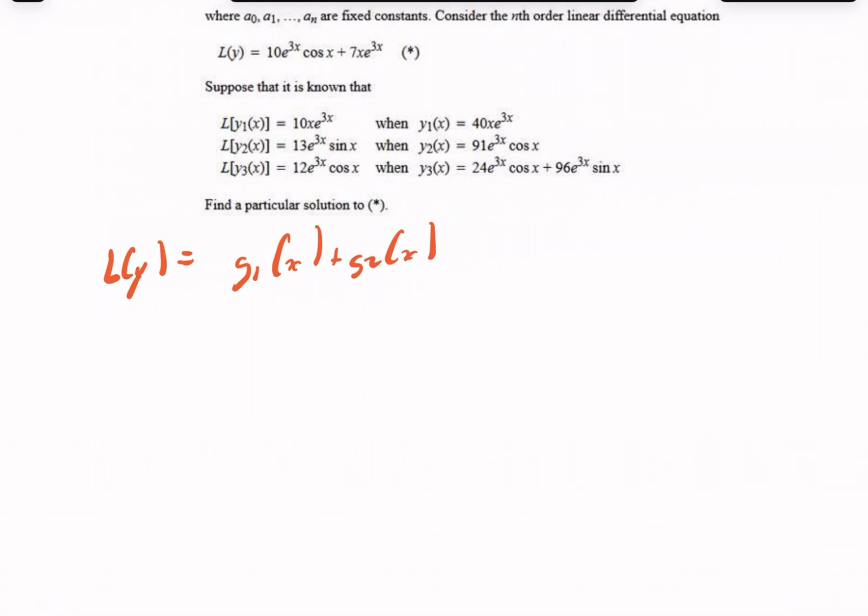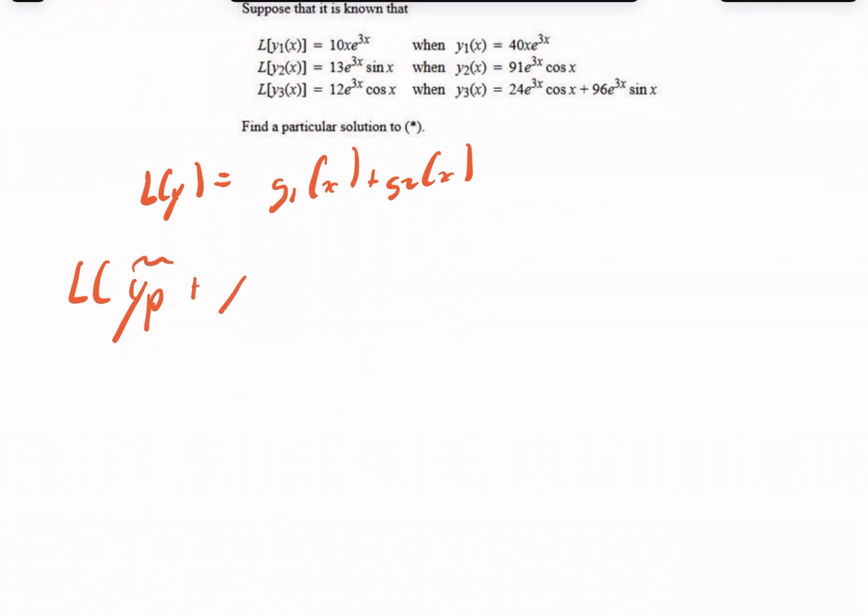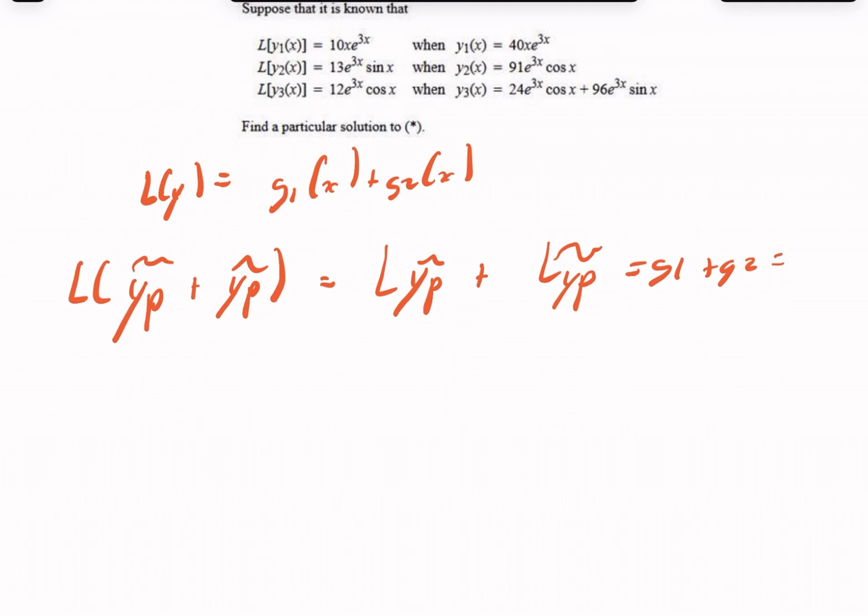And this goes in accordance with y at this particular solution. I'm just rewriting the lecture notes right now, but bear with me. It equals L y_p plus L y-tilde, equals g1 plus g2, equals g, which also equals a particular solution.